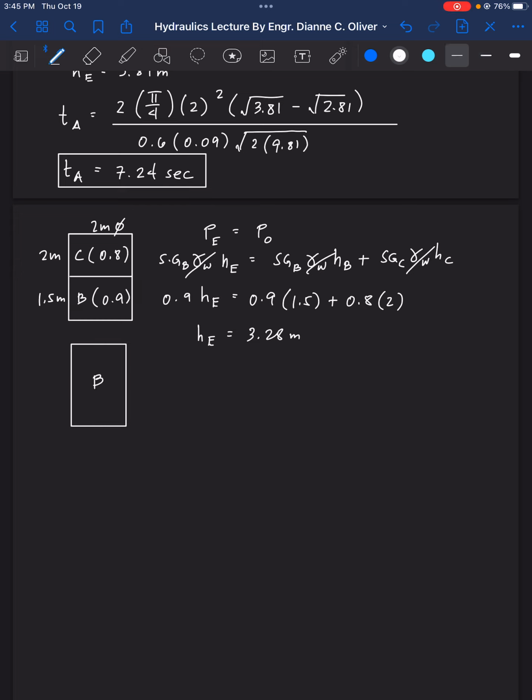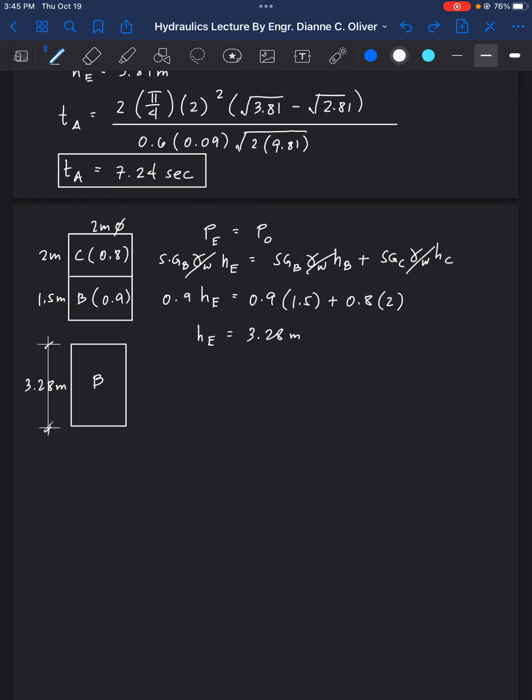So that is 3.28. Now if we remove 1.5 of B out of this container, out of this equivalent height, what is the left height?